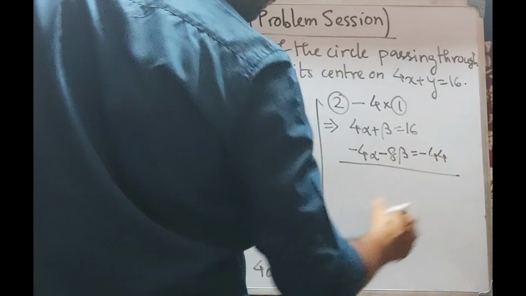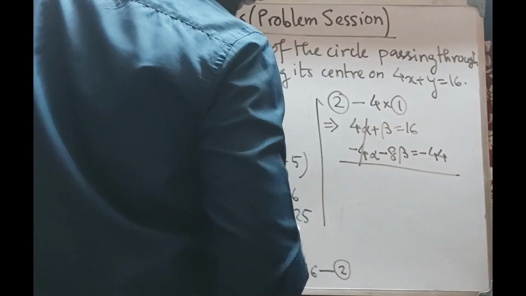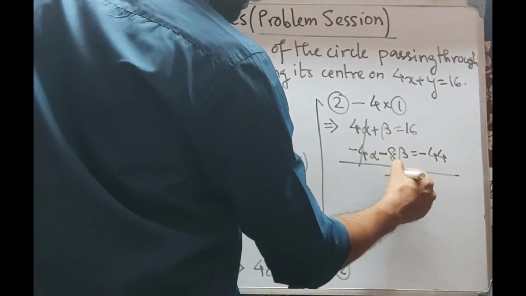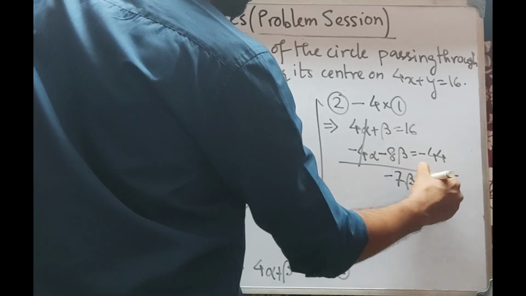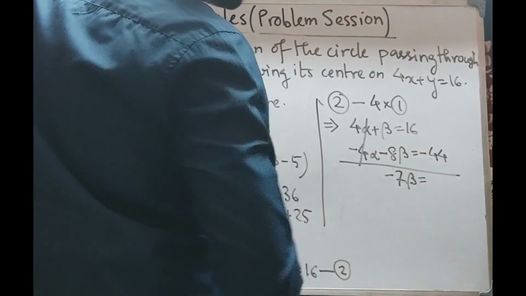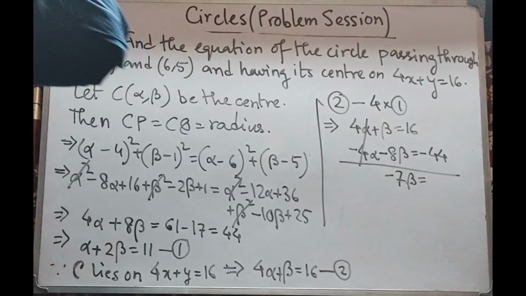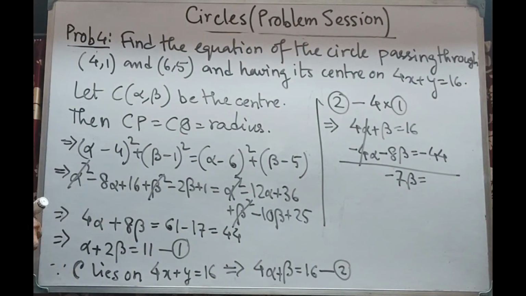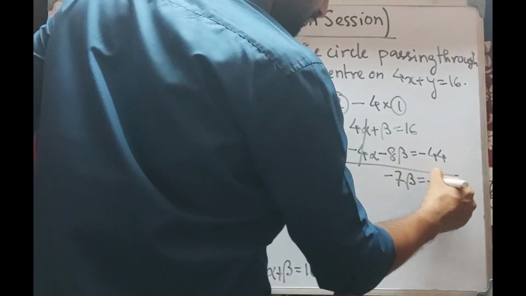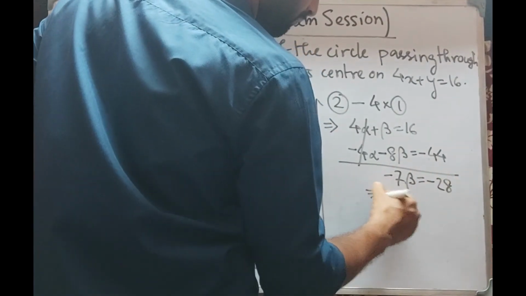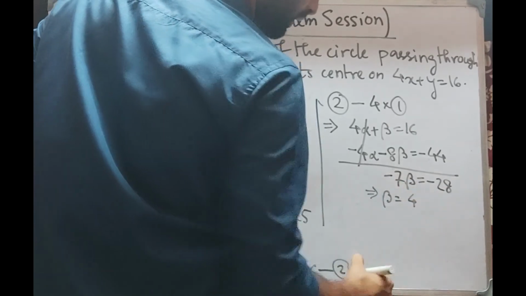So if I add this, alpha is cancelled out, it is minus 7 beta is equal to 44 minus 16, so it's minus 28. That means beta will be 4.